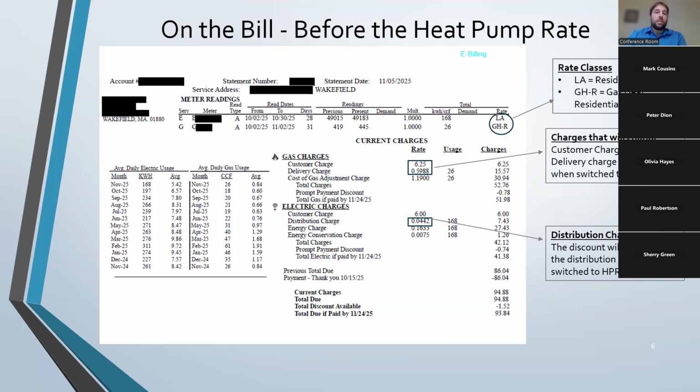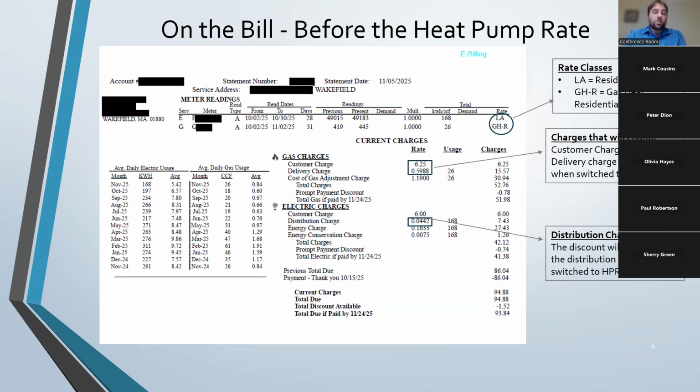LA just means that's the residential electric rate that pretty much everybody has until we introduce this rate. And right below that, where the gas meter row is, is the GHR, which stands for gas heat residential. Those couple of things will change, as you'll see on the next slide, the bill after the heat pump rate.